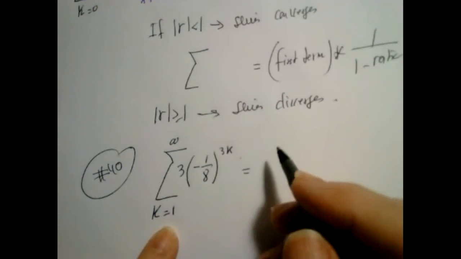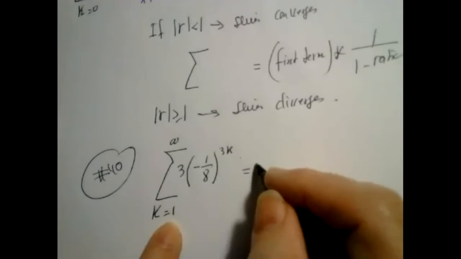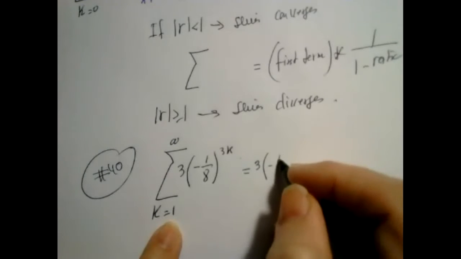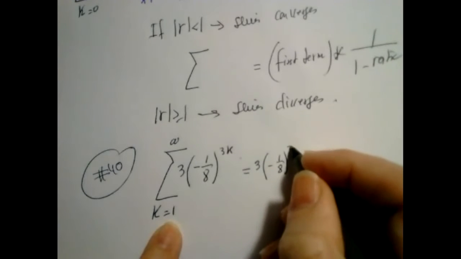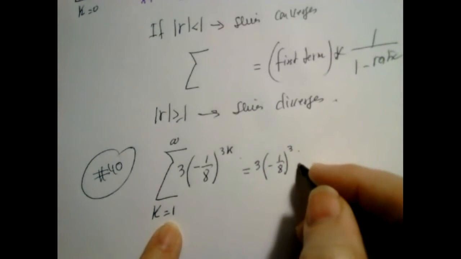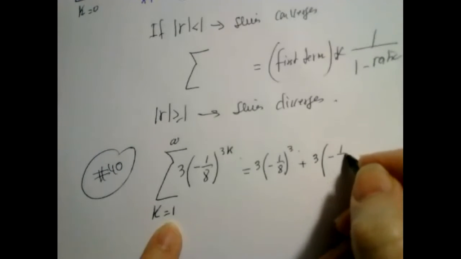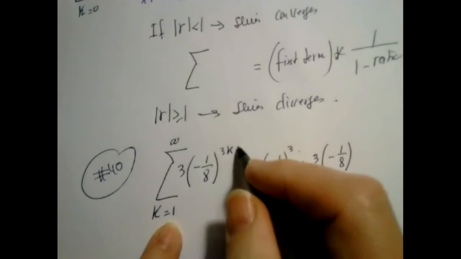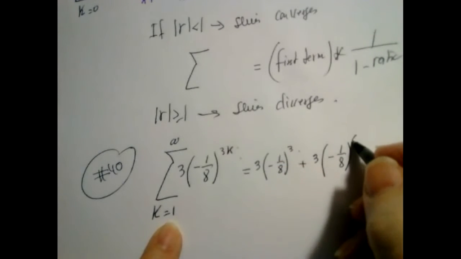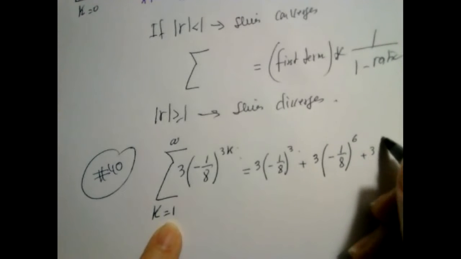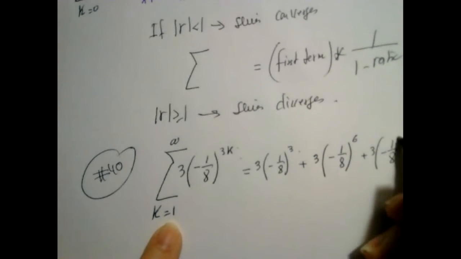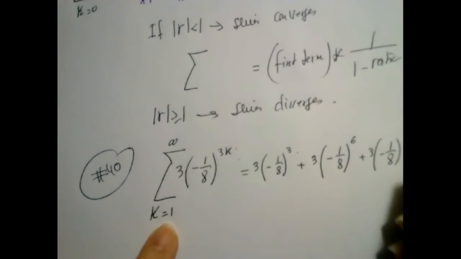So the first few terms are 3 times minus 1 over 8 to the power 3. I'm going to write it in two ways. First, verbatim, what I see: k equal to 1, plus 3 times 2, which is a 6, plus k equal to 3, which is a 9, plus etc.